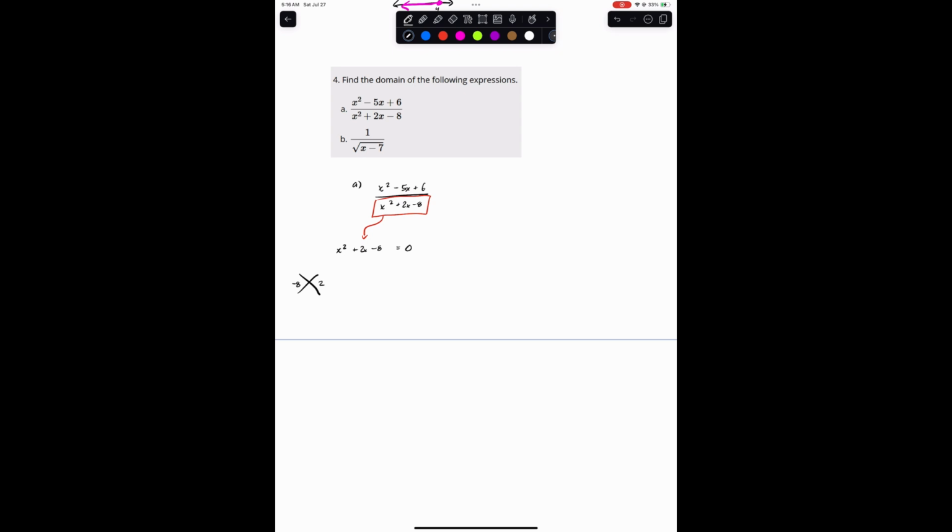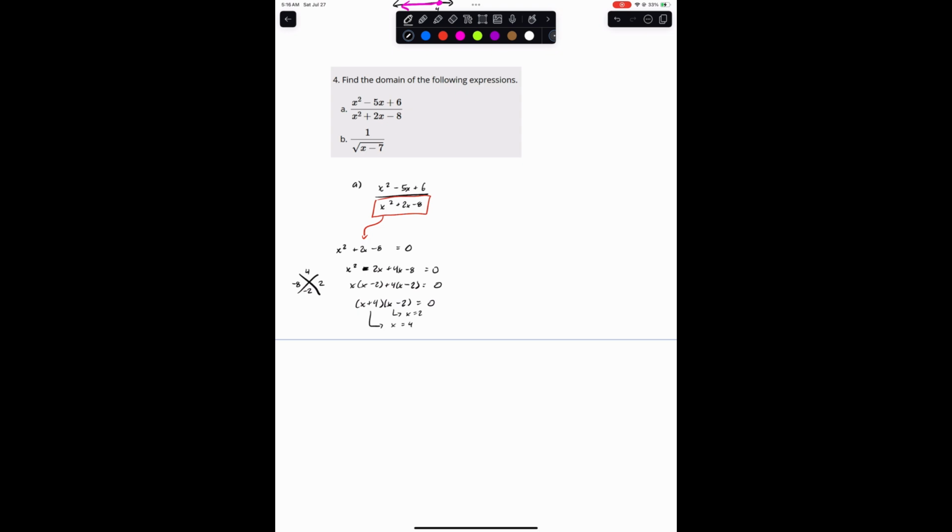That'll be positive 4, and negative 2. You're going to factor that to x squared minus 2x plus 4x minus 8. We get x, x minus 2 plus 4, x minus 2 equals 0. Then we get x plus 4, x minus 2 equals 0. And solutions to these is x equals 2 and x equals -4.